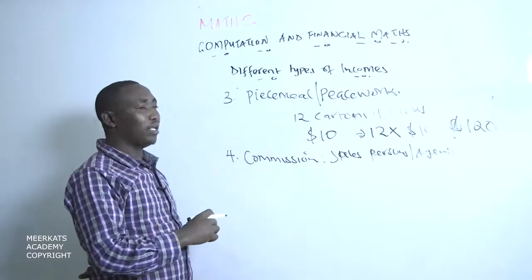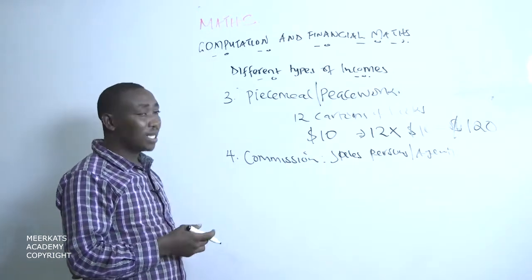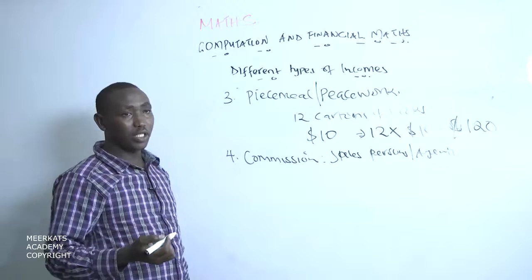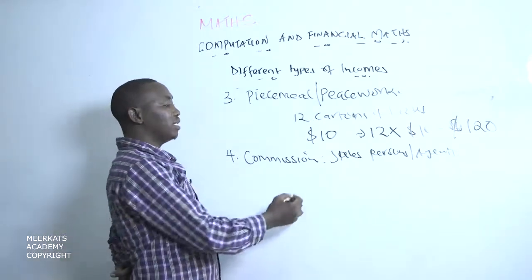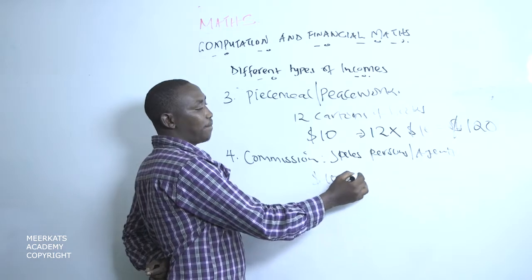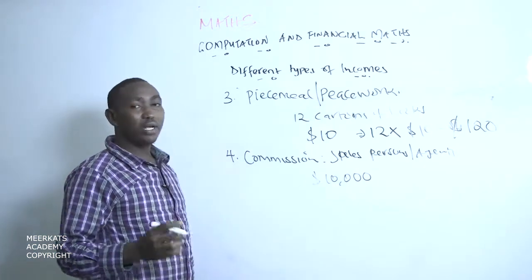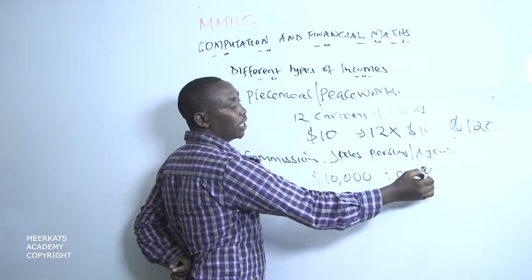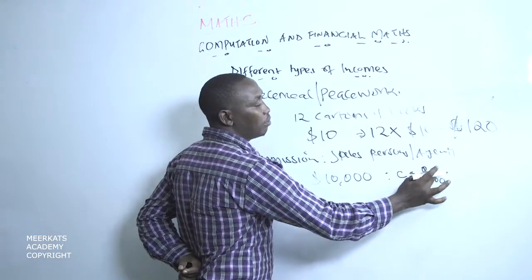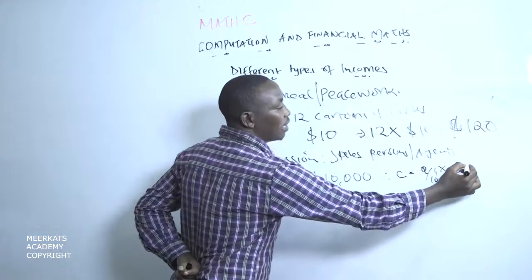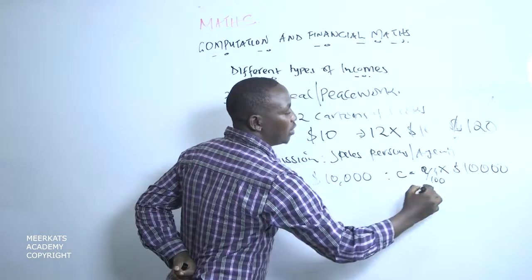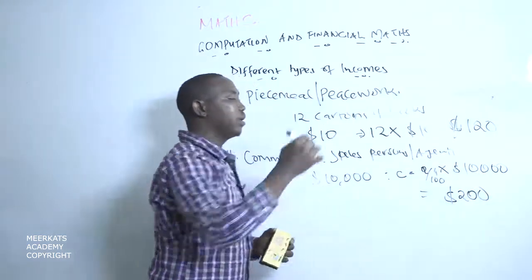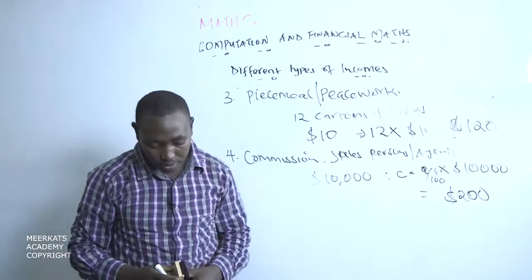So for instance, if you are given 2% of goods you sell as a sales agent, and you sell goods worth $10,000, your commission will be 2 over 100 multiplied by $10,000, which is equivalent to $200. So that is commission.